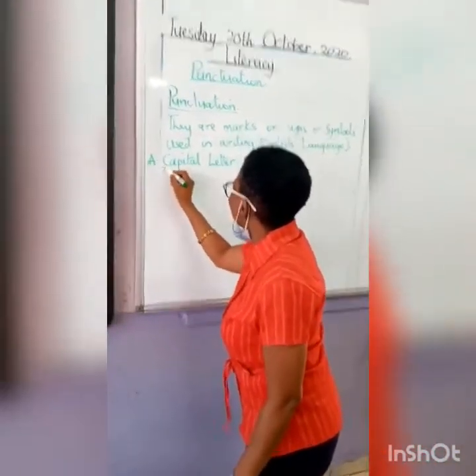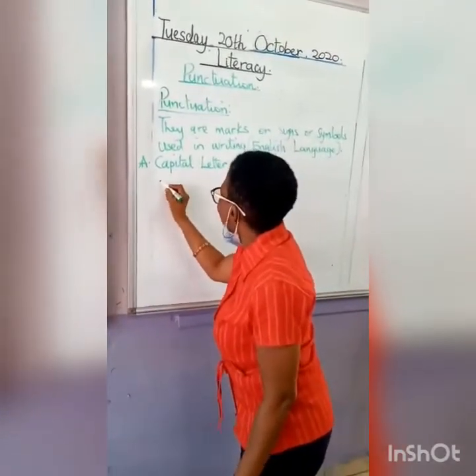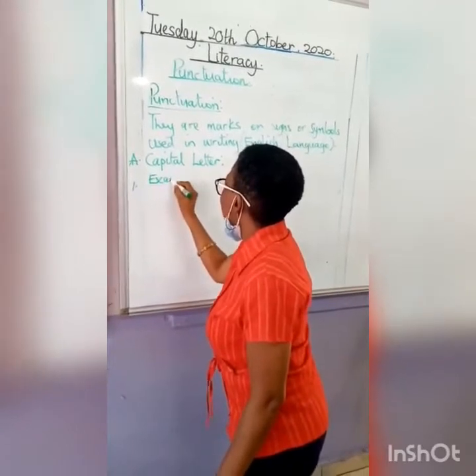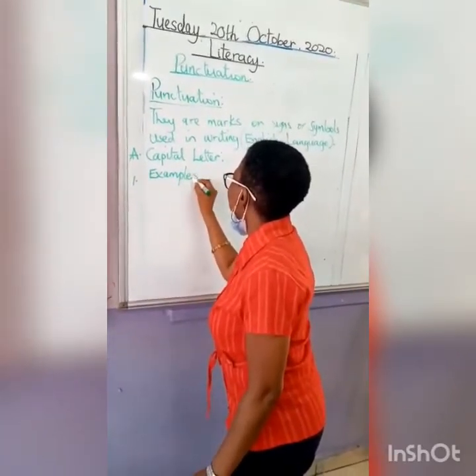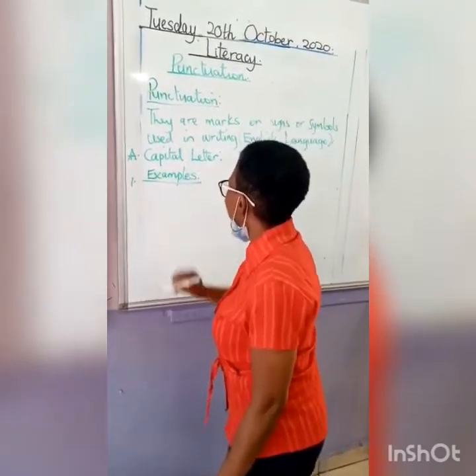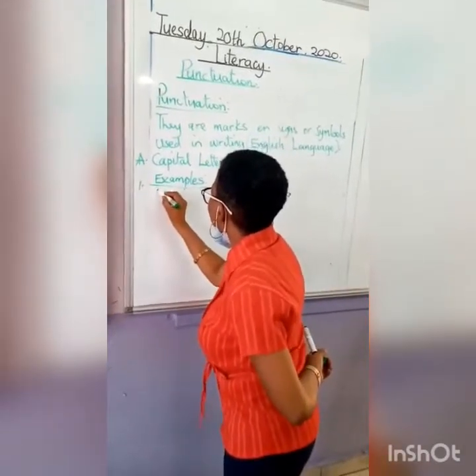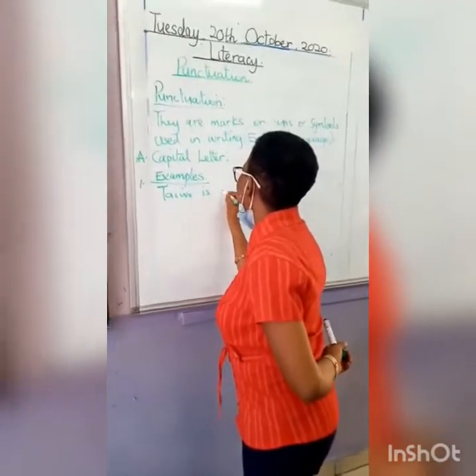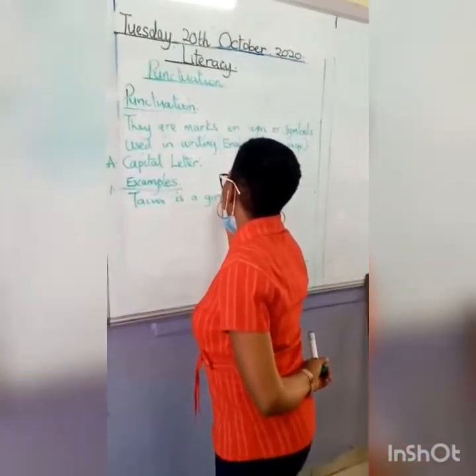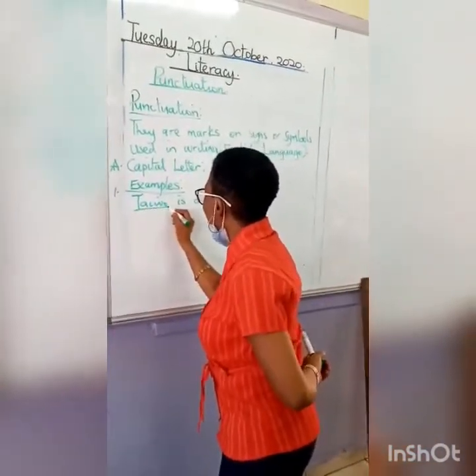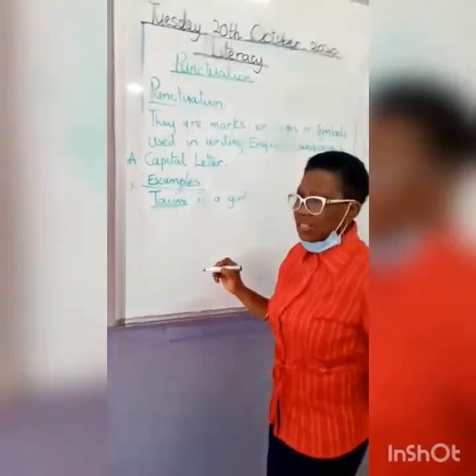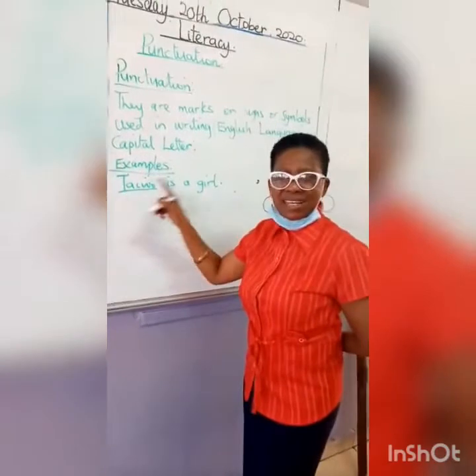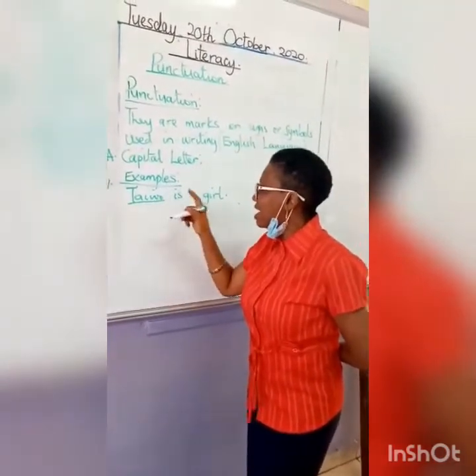For instance, Taiwo is a girl. Taiwo is a noun, the name of a person. So any name of a person must begin with a capital letter.